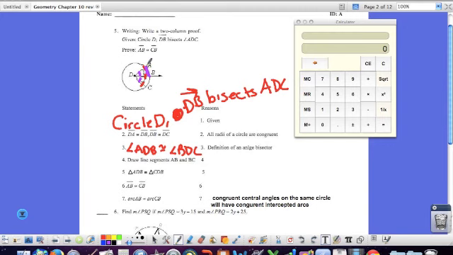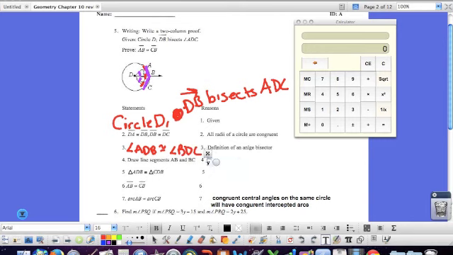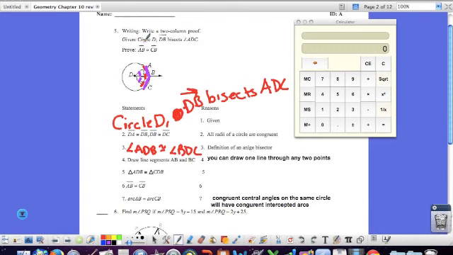I can draw a line from A to B, and B to C. And the reason, for number 5, that I can draw it, is you can draw one line through any 2 points. Now that I drew a line, I actually made 2 triangles, and they are congruent by side, angle, side.